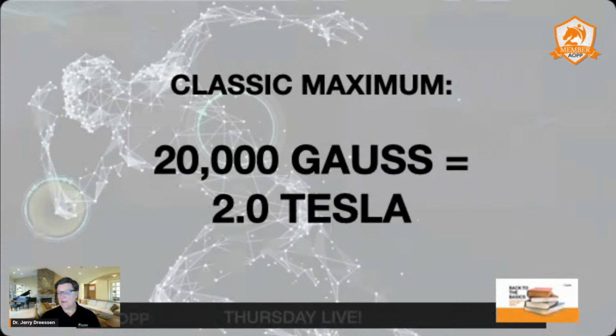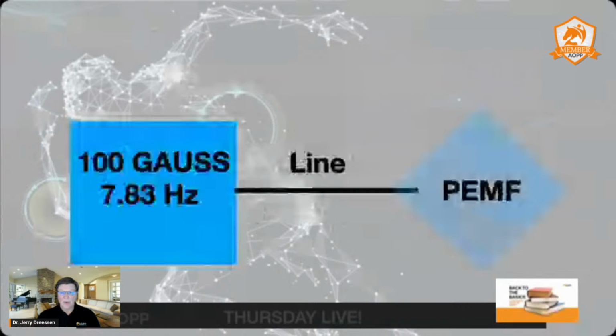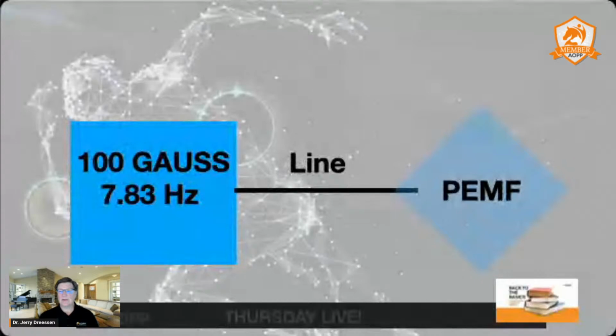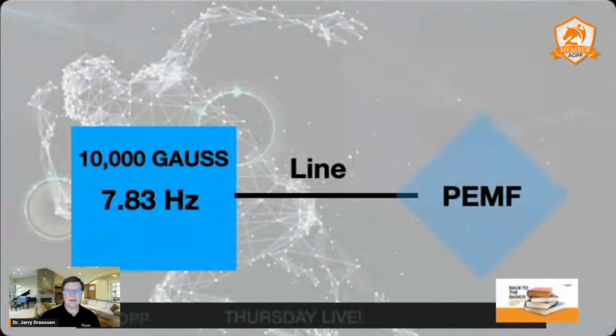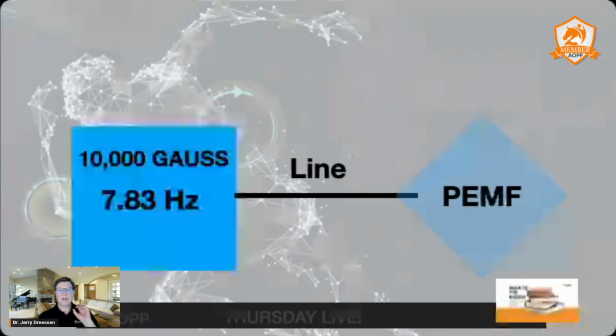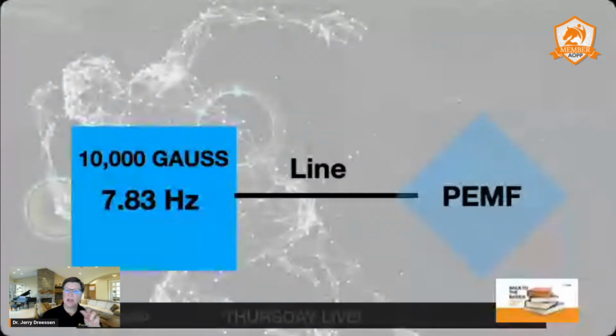Like I was talking about, you can have 100 Gauss going across that line to your device, or you can have 10,000 Gauss. Usually the more powerful machines, you can dial it down and change it between that. There's an analog dial versus a digital button that you push. Or it's all preset, so you don't have the option of changing the amount.